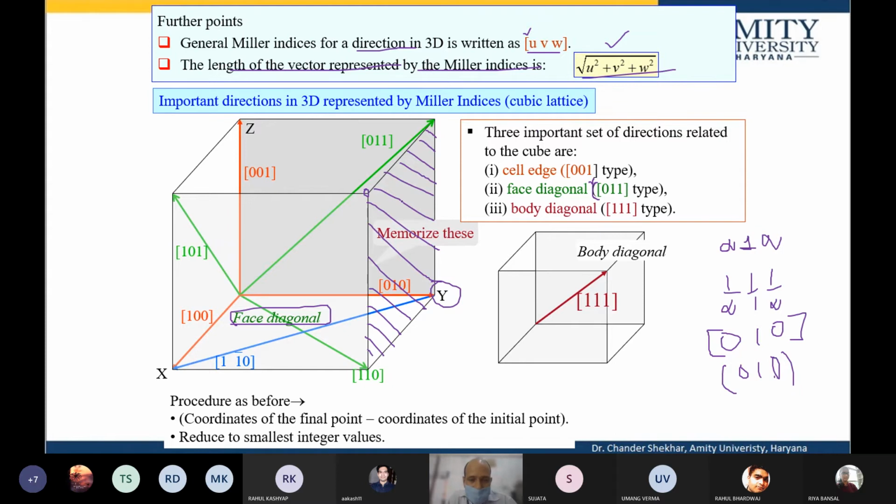For example, if I take another plane on the other side, parallel to the one we just discussed, this plane is passing through the origin.